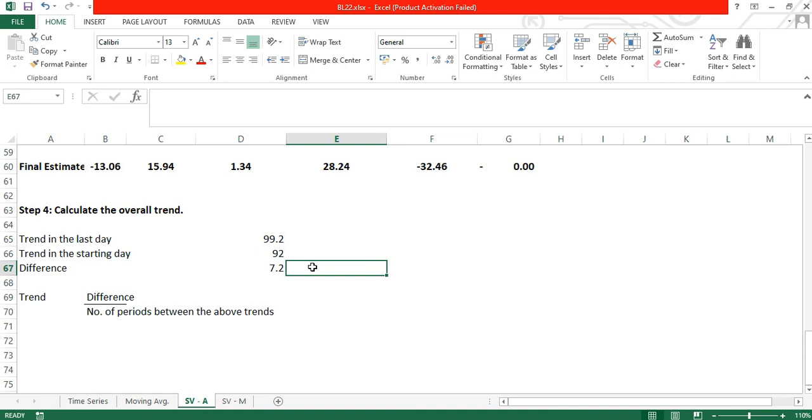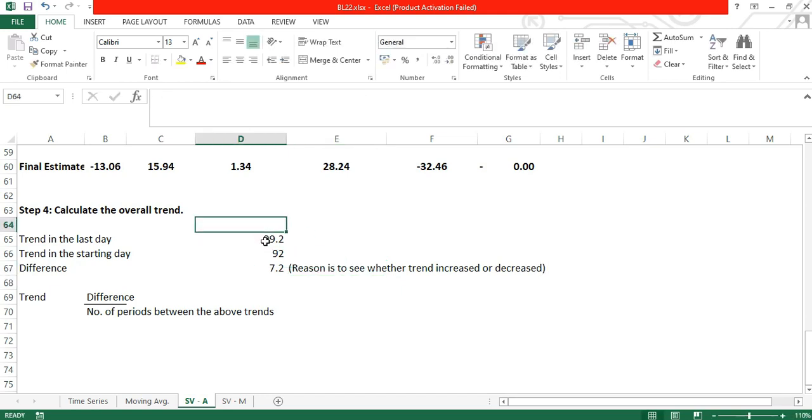So it should basically be the trend in the last day minus the trend in the starting day, because the reason is to see whether the trend increased or decreased. If the last trend is 80 and the starting trend is 90, then it has reduced by 10, isn't it?